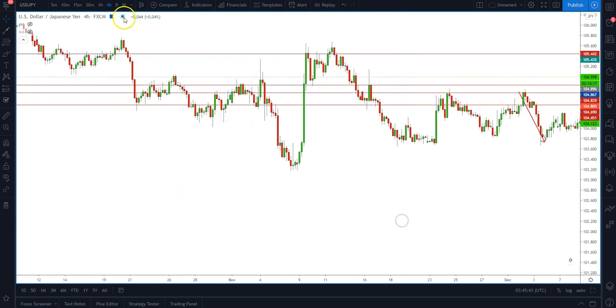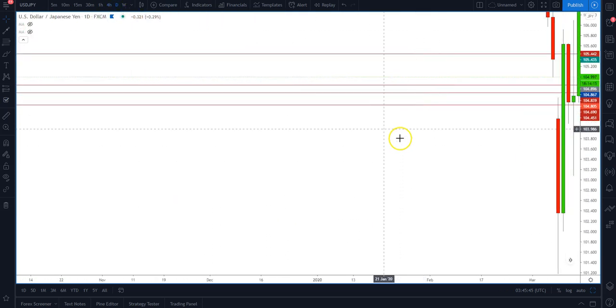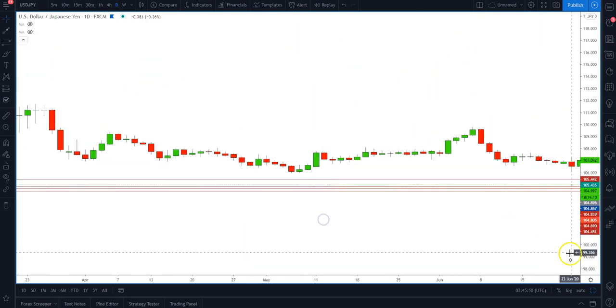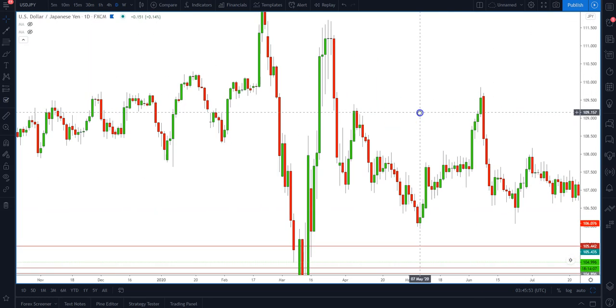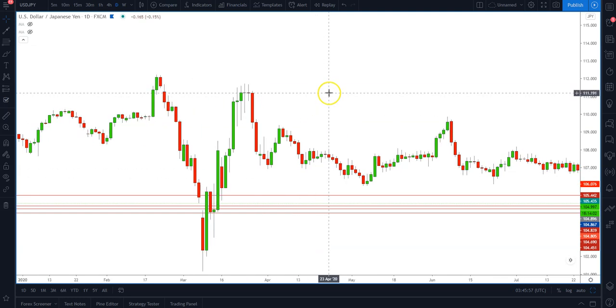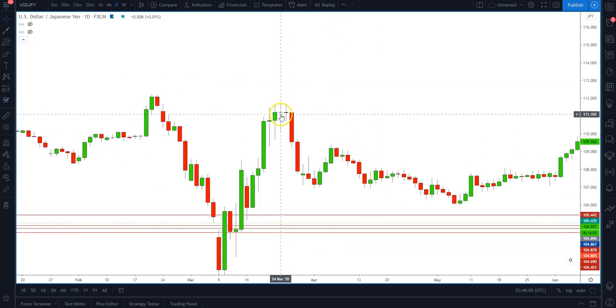Let me see if I can find more examples. Let's go to the daily. Look, it shot up. Look at this doji. This is perfect. Doji. So now remember, what represents a trend is pushes in a specific direction. So this kept being pushed up. Then the bodies, remember I told you, the bodies started getting smaller until they became non-existent.